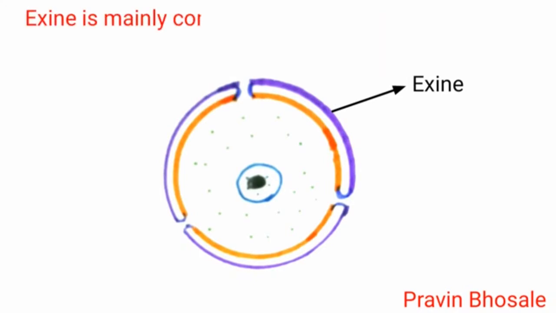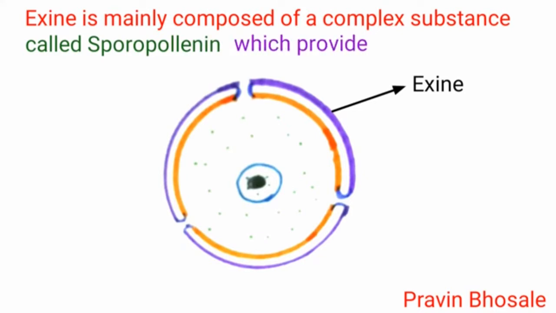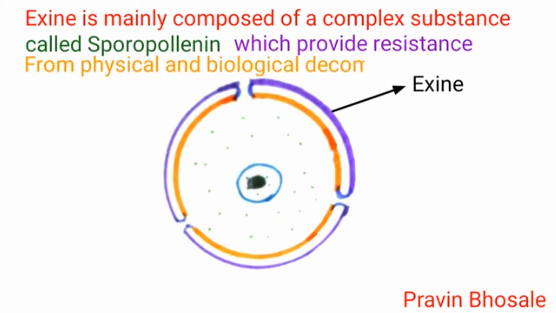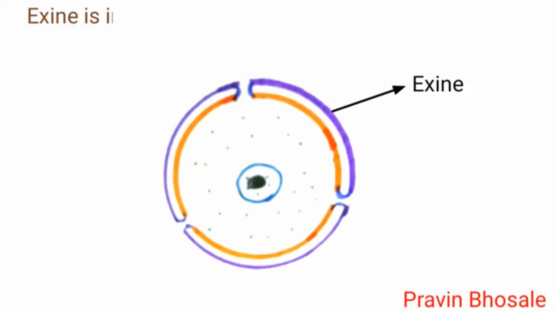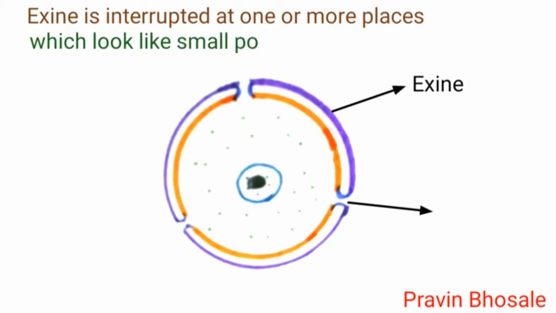Exine is mainly composed of a complex substance called sporopollenin, which provides resistance to the pollen grain from physical and biological decomposition. Exine is interrupted at one or more places which look like small pores called germ pores.